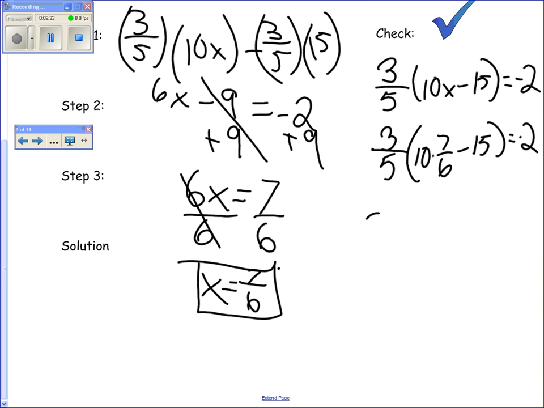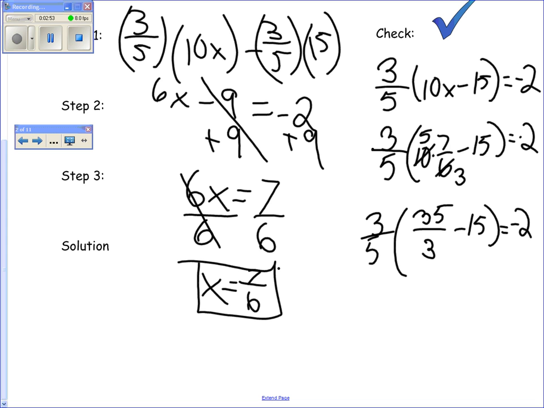So I still have my 3/5 on the outside. And in order to multiply 10, I'm going to just divide both of these by 2. So this is going to be 3 and this is going to be 5. I'm going to now multiply 5 times 7, which is 35, over 3, minus 15. And I want to see, is that equal to -2?